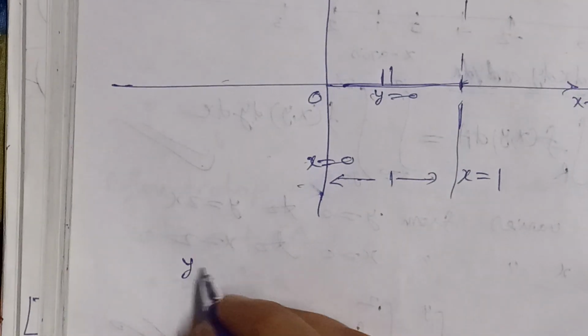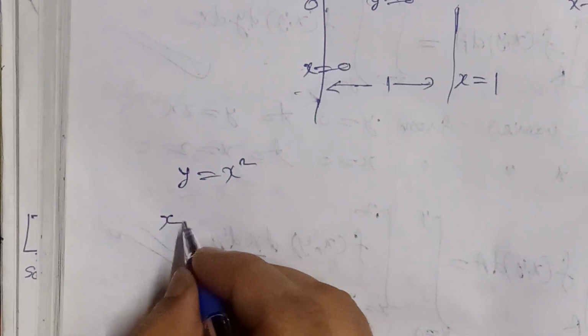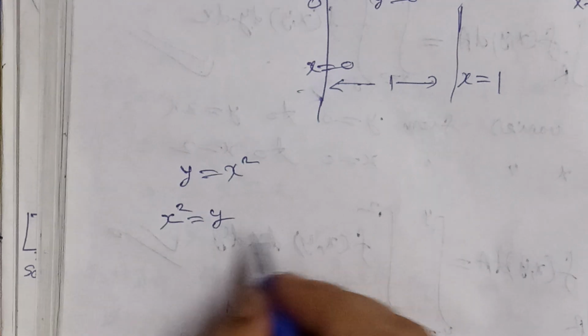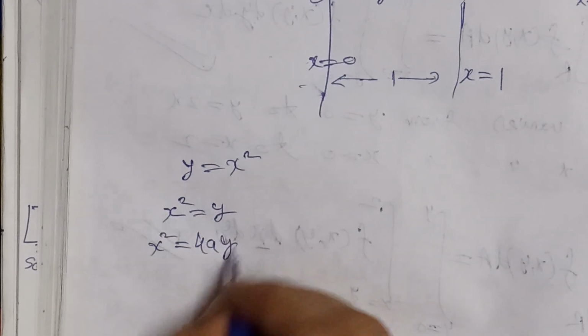We know that y is equal to x square is the equation of a parabola. We can write it as x square equal to y, and compare with the standard equation of a parabola, x square equal to 4ay.